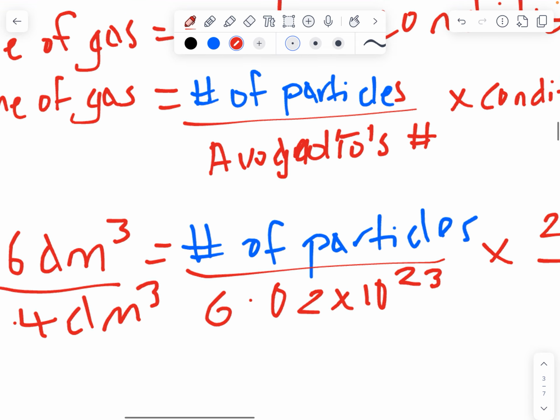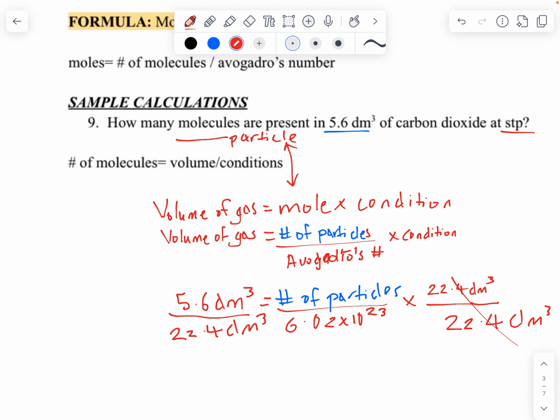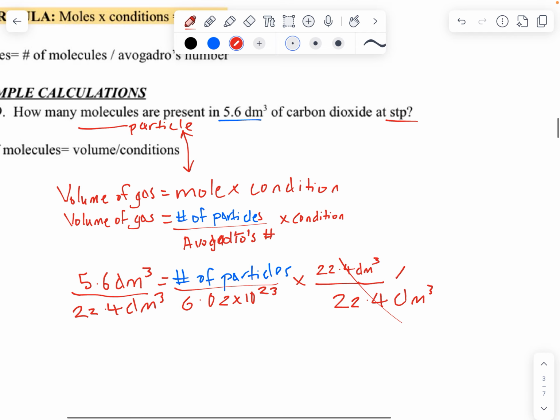Now on this side we still need to get rid of our Avogadro's number, and since it's being divided here, we do the opposite. We're going to multiply by Avogadro's number, 6.02 times 10 to the 23rd power, and it cancels here.